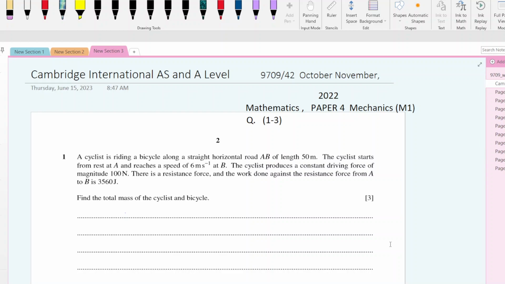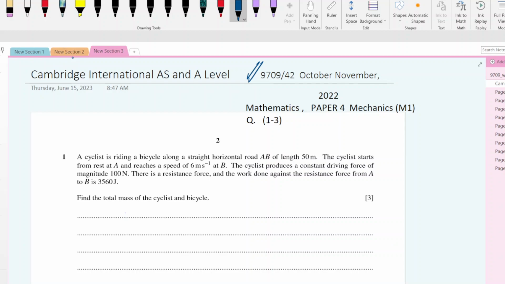Today I am solving the Cambridge paper code 9709 variant 42, October/November 2022, Mathematics Paper 4, Mechanics in brief (M1), questions 1 to 3.